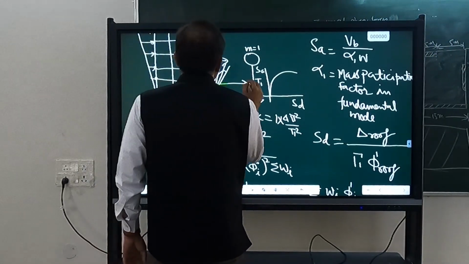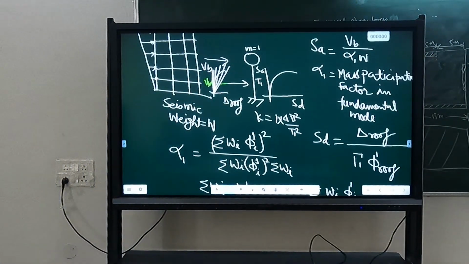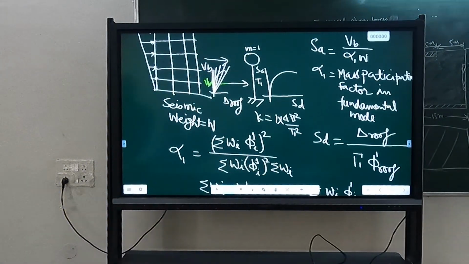The actual base shear will vary. It will depend upon the displacement, how the hinges are forming. And it will be higher than what you have designed for. So VBD is AH into W, but the actual base shear depends on the displacement, and it will usually be more than that, because there is some hidden capacity.